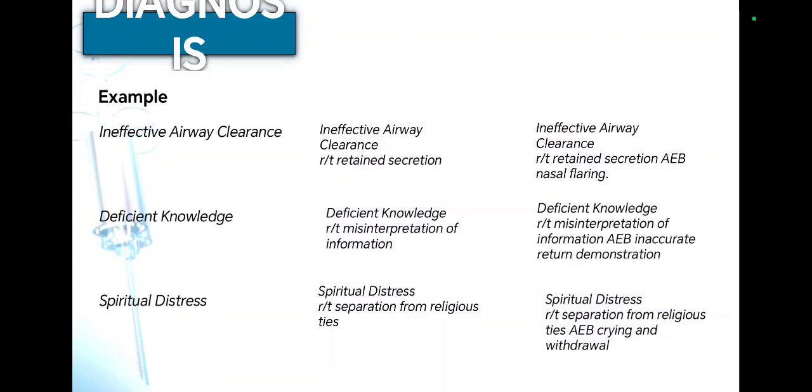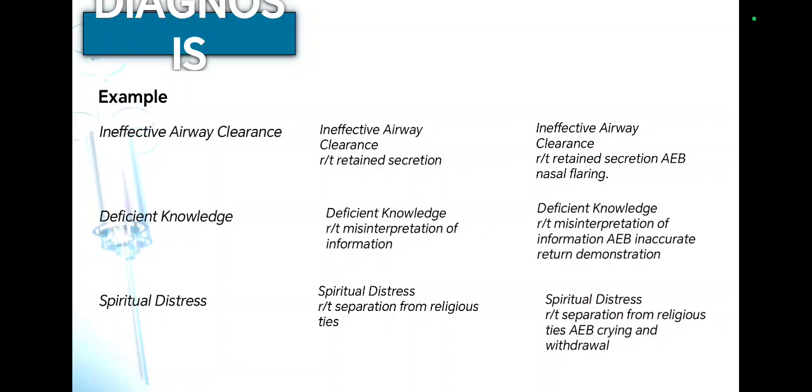So another example, deficient knowledge related to misinterpretation of information as evidenced by inaccurate return demonstration. So because of misinterpretation of the information that you have given after a health teaching to the patient, the patient cannot perform the return demonstration of the specific procedure.